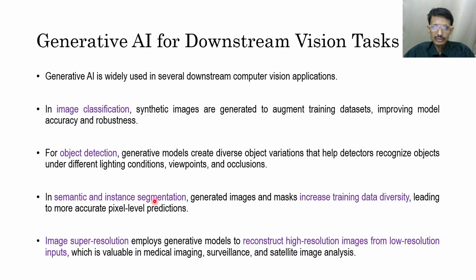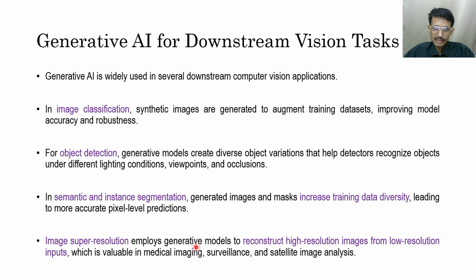Semantic or instance segmentation is another important problem of computer vision. Generated images and masks increase training data diversity, leading to more accurate pixel-level predictions. So in this application also, generative AI is very important.